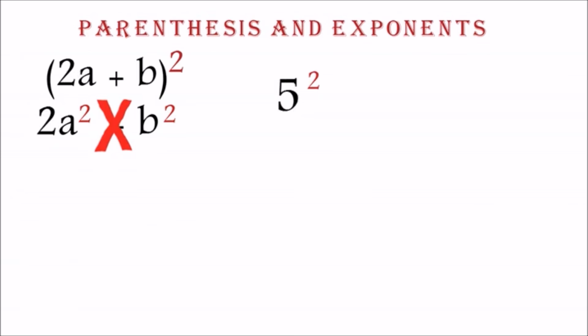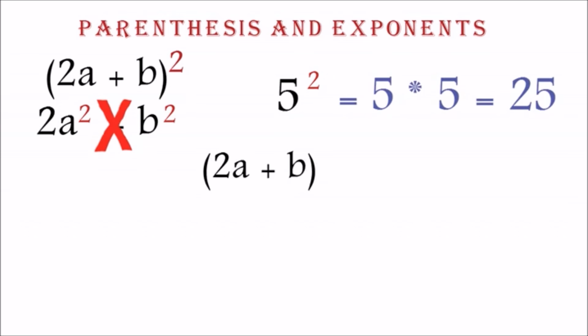Example, 5 squared expands as 5 times 5. This is equal to 25. So when we have in parentheses 2a plus b squared, we expand it as, in parentheses, 2a plus b, times, in parentheses, 2a plus b.